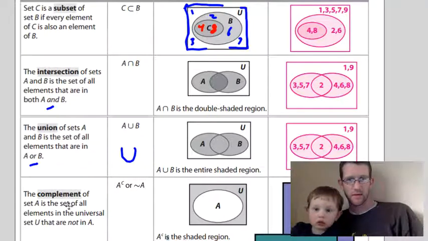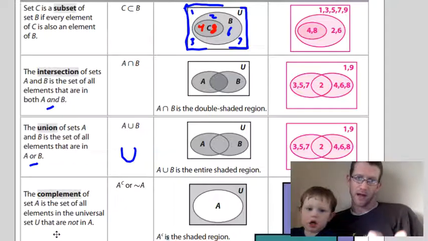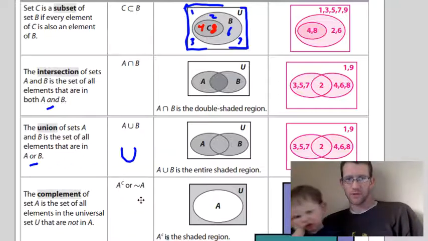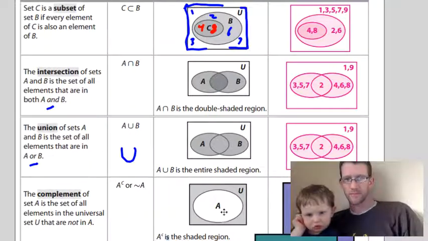And then finally, the complement of set A just means the inverse, right? So it includes all elements in the universal set that are not in set A. And we write that with a little c, or sometimes we use a tilde mark just to represent the swapping there.